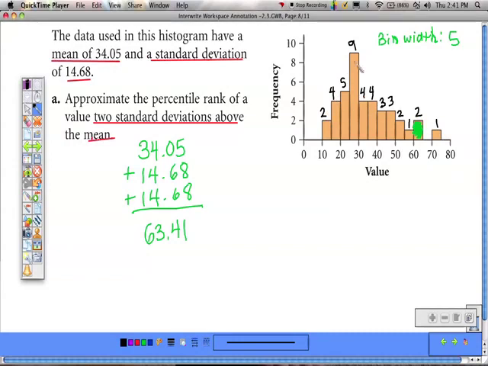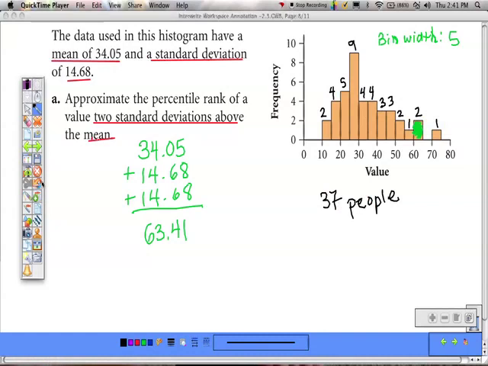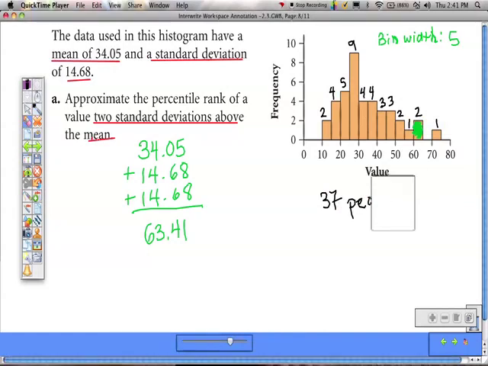Alright, so here's the frequency, the number of people. So if we add those all together, there's 37 data points. I don't know if it's people. I'll just put 37 total, I guess.